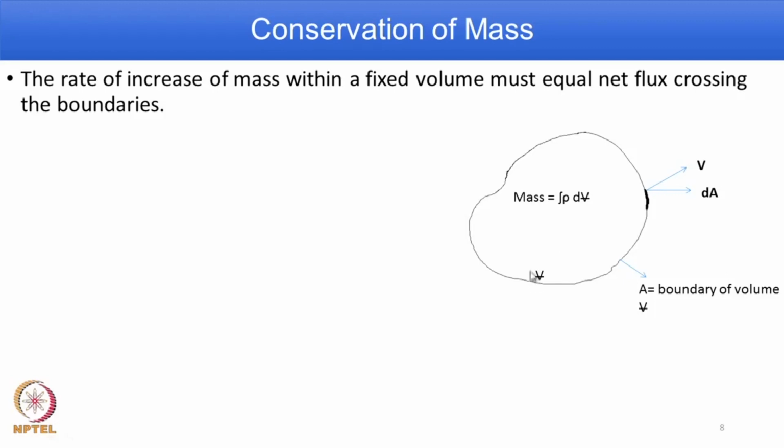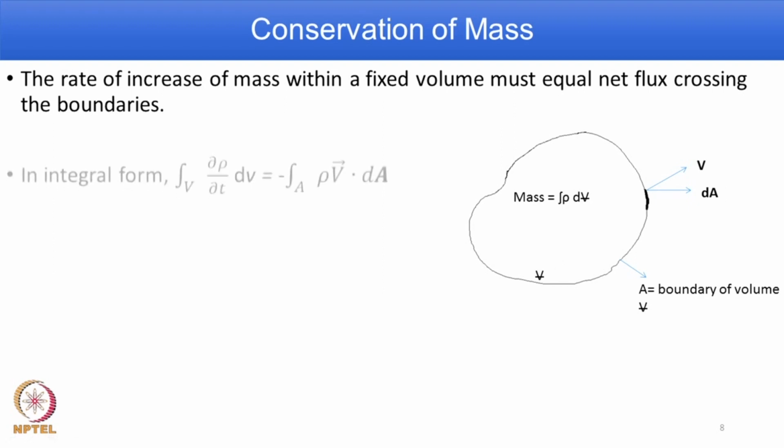V is a volume that is given here, and at any point dA is a normal vector, V is a velocity vector, and A is the area of the boundary of the volume.